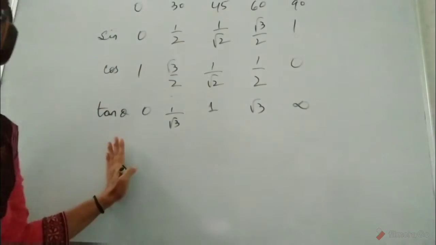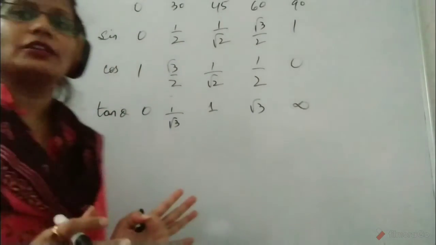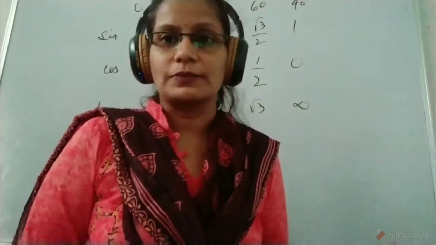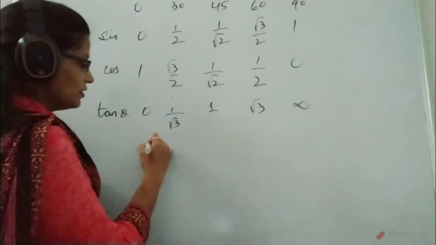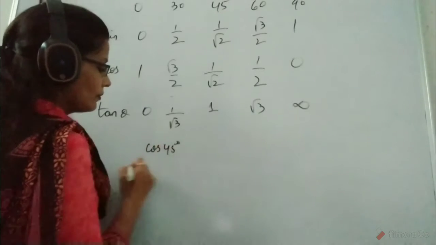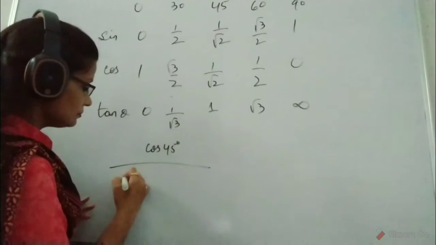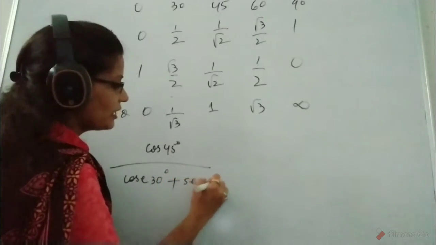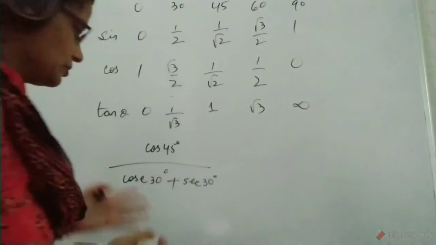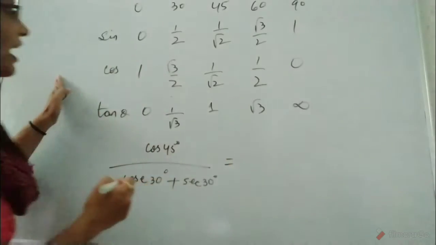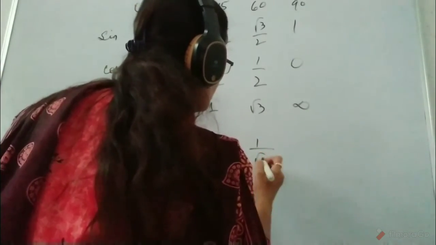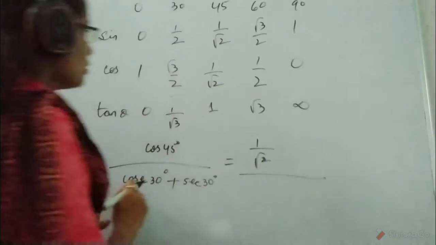So taking these values, in short, I will tell you how you solve these questions. Let us take a question: cos 45 degree over cosec 30 degree plus sec 30 degree. Let us assume it as a question. Cos 45 degree, as we know, see the table, is 1 by root 2. 1 by root 2 over cosec 30 degree.